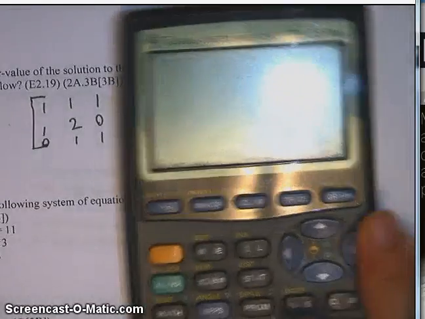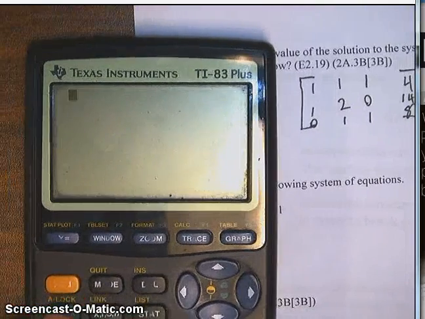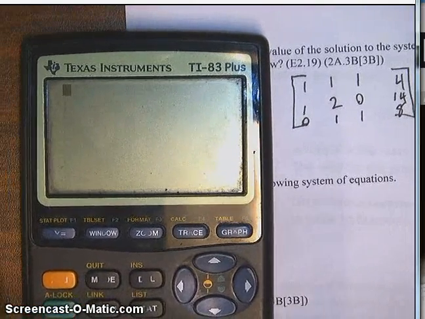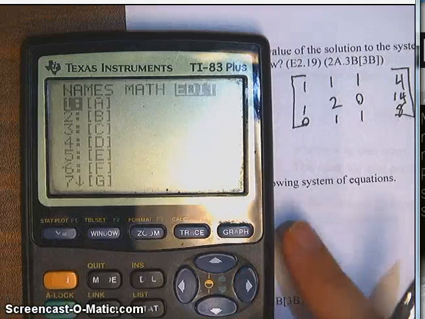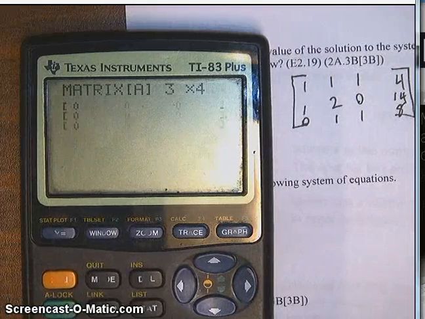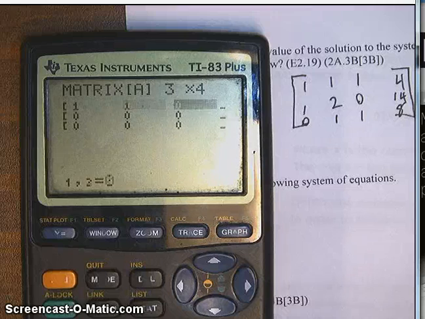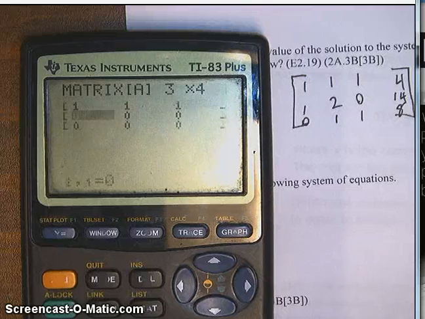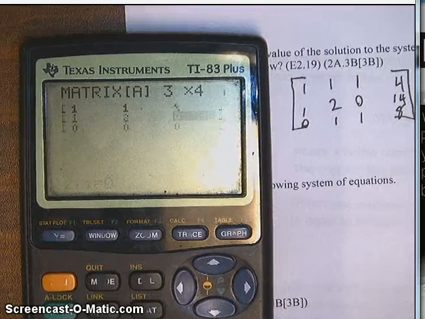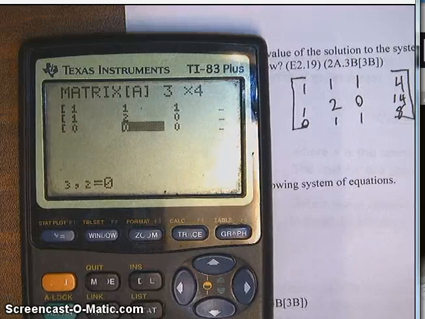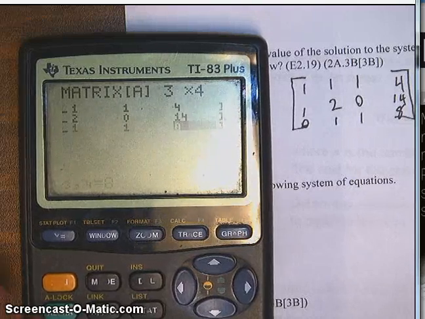And I'm going to get it so you can see it. So I'm just going to type in this augmented matrix into second matrix, edit to 3 by 4. 1 enter, 1 enter, 1 enter, 4, 1 enter, 2 enter, 0 enter, 14, 0 enter, 1 enter, 1 enter, 8.